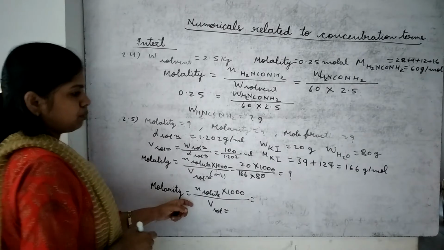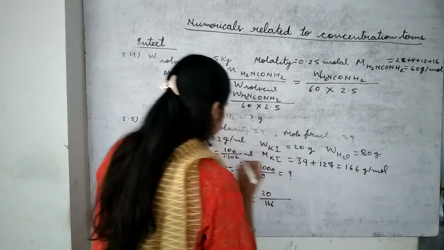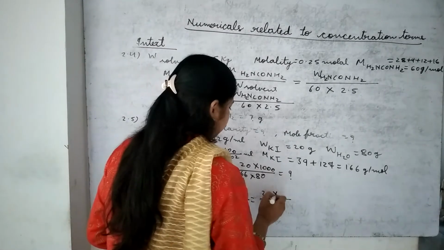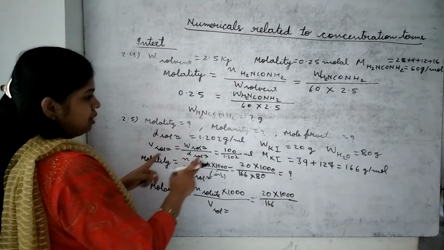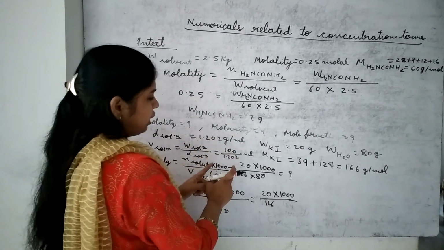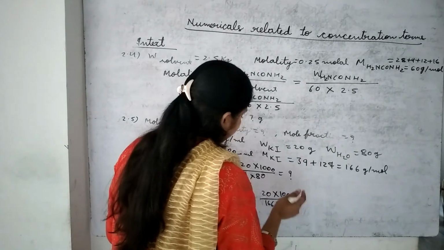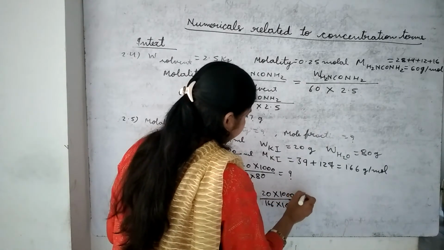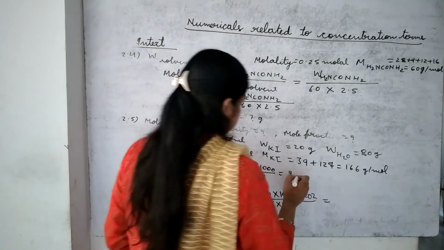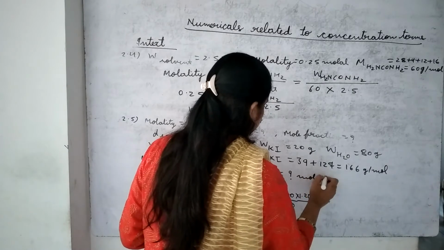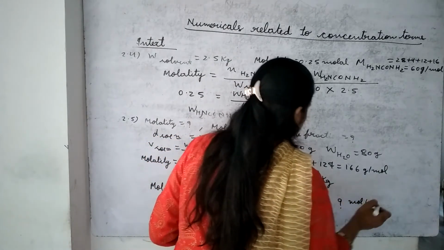Number of moles of solute will be 20 divided by 166, here it will be 1000, and volume is given as 100 by 1.202. So 100 here and 1.202 will go, and then find the answer. Your unit is mole per kg, and in molarity it is mole per liter.